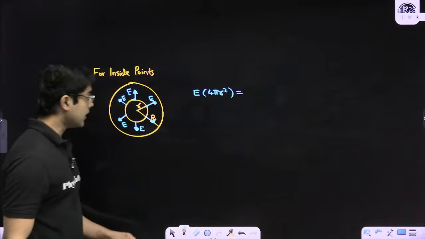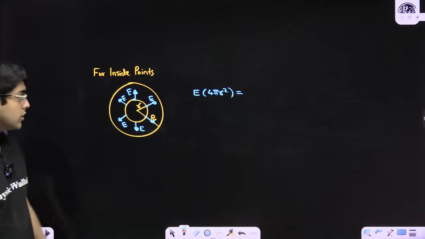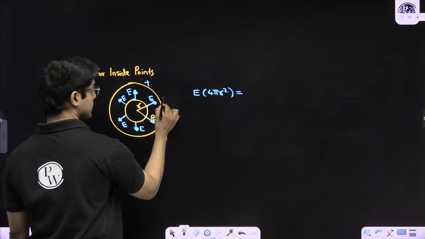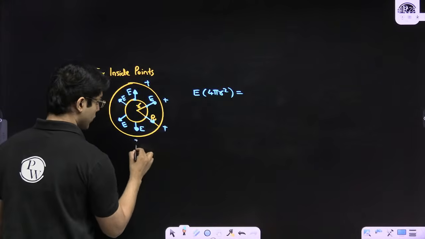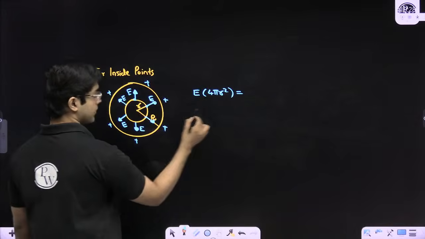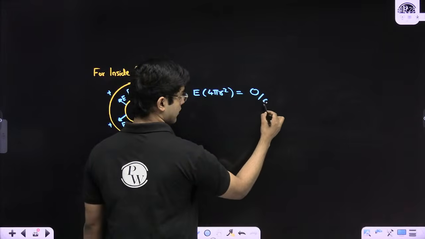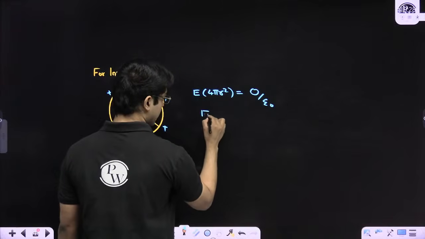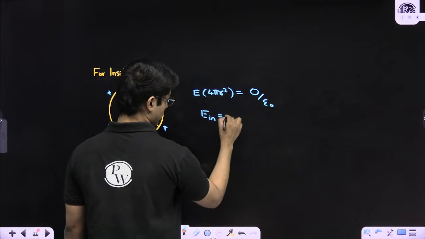But the right hand side is going to be Q enclosed. Q enclosed will be 0 because all the charge is at the surface. Which means the electric field inside is just 0 everywhere.